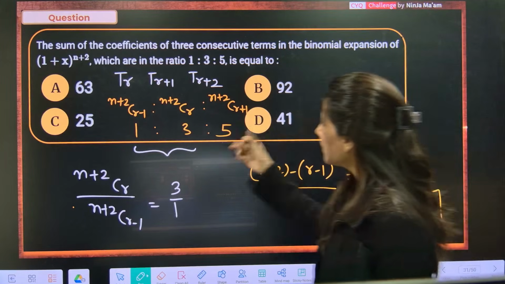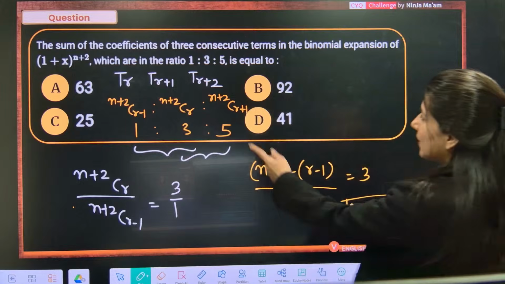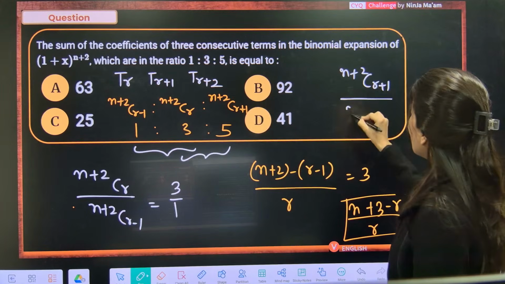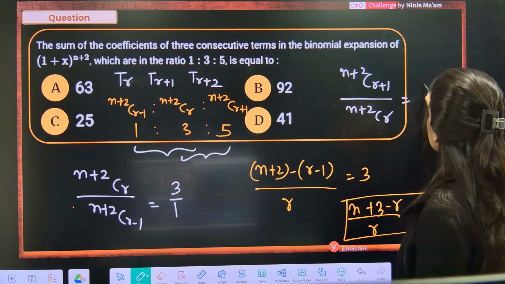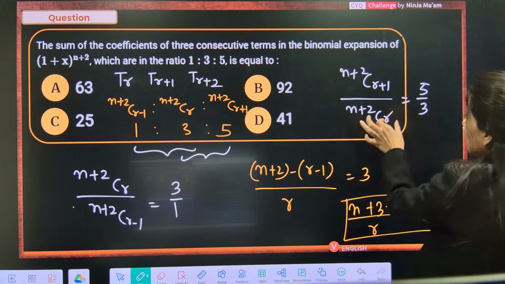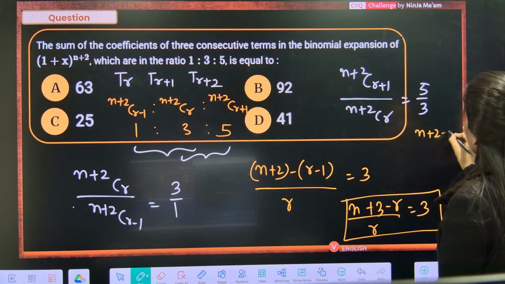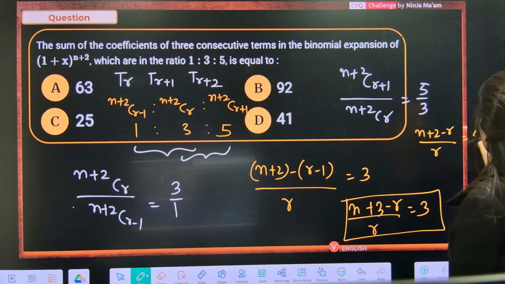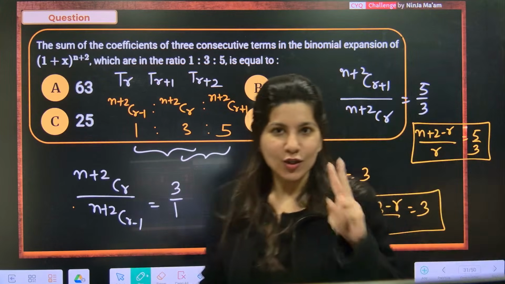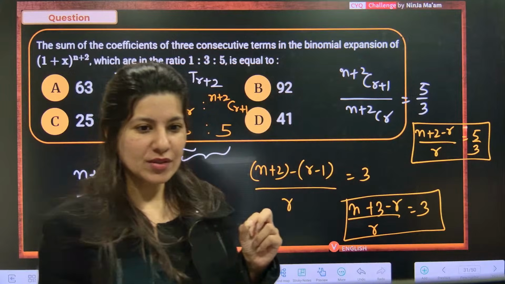Now similarly, we apply n+2 C(r+1) upon n+2 C r is 5 by 3. Again the same property: (n+2-r) upon r is 5 by 3. Second equation.